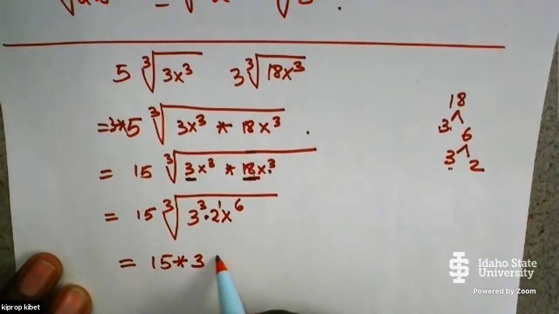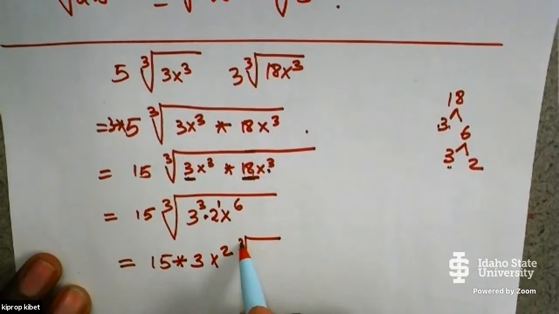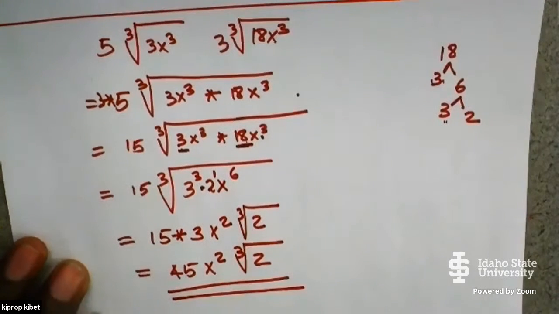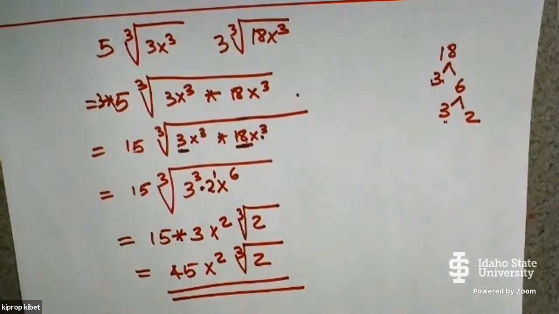And then x squared. And then the cube root of 2. So basically this is 45 x squared, the cube root of 2. That clear? Wouldn't there be an x left in the square root though, after you get it out?